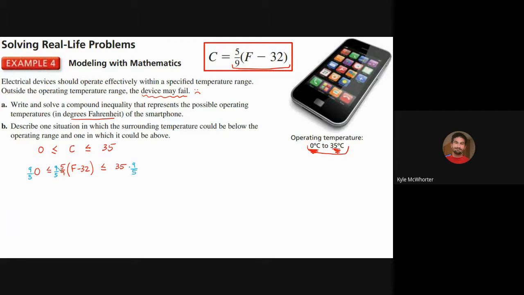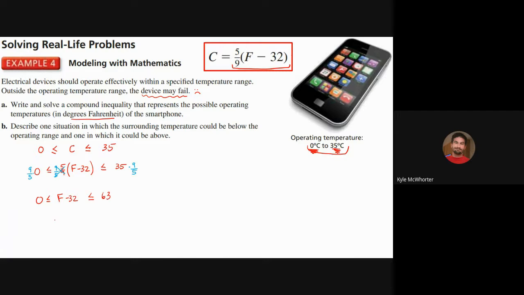So in the middle, these are just going to cancel out. 9/5 times 0 is 0. Anything times 0 is 0. And then in the middle here, we just have f minus 32. Then over here, 35 times 9 divided by 5, 63.